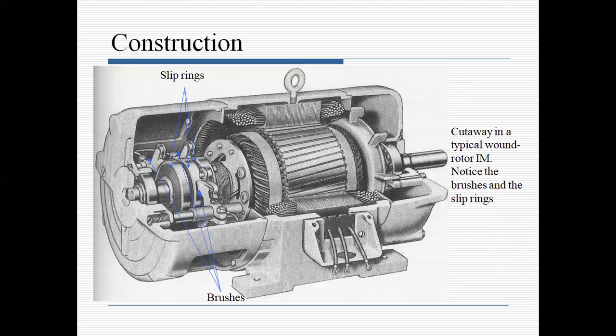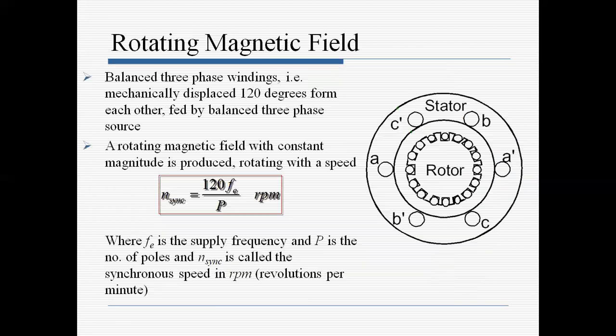See this simple diagram, the cutaway of a typical wound rotor induction motor, in which you notice the brushes and slip rings also. So according to this construction, the outer frame is the stator, the inner rotating part is the rotor, and for the rotating part we have two kinds of rotors.